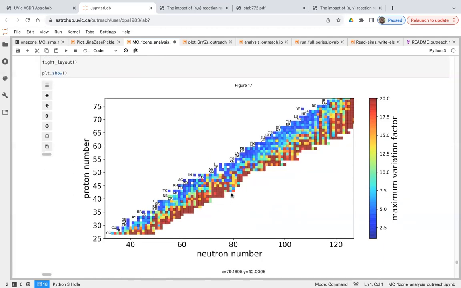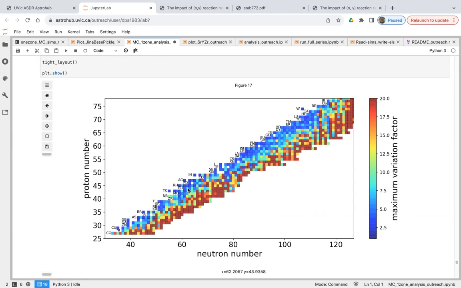So this plot shows, by color map, the maximum variation factor for a neutron capture reaction rate for a given unstable isotope. Bluer color means lower maximum variation factor, which means better constrained reaction rate. Redder color means maximum variation factor up to 20.